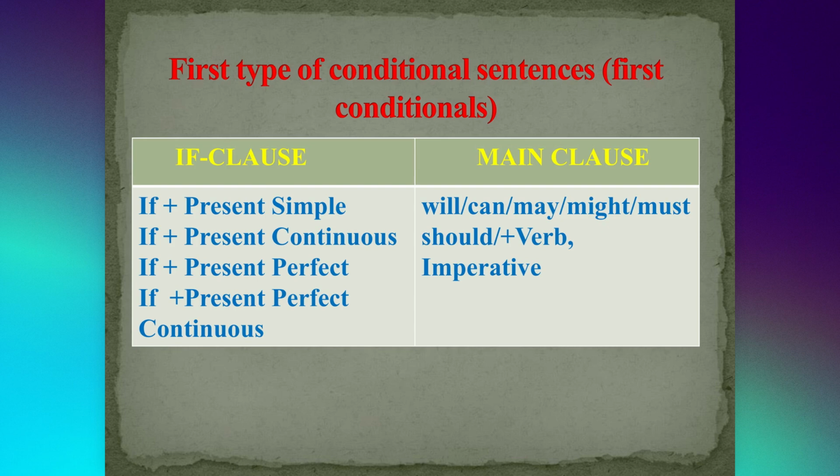In the main clause, we will use tense future simple. It is formed by means of auxiliary verb will plus verb. We can also use modal verbs can, may, might, must, should plus verb here. Or we can use the imperative here.